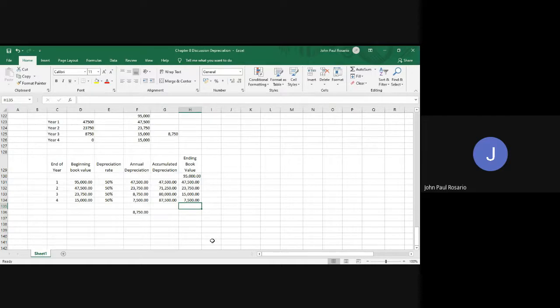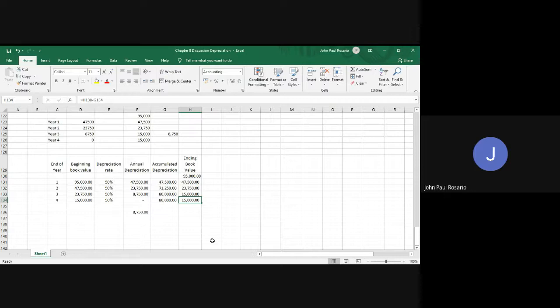That is why we adjust it and we recognize nothing on year 4 to maintain our salvage value of 15,000. And again, that is acceptable and that is okay. Okay? Because it's the company who decides what depreciation method they will use.